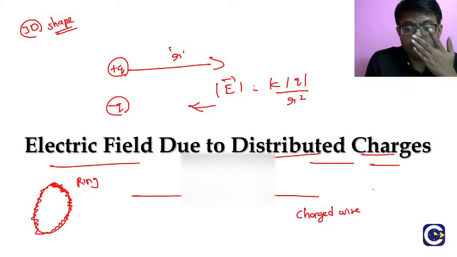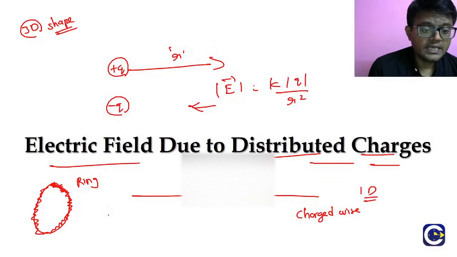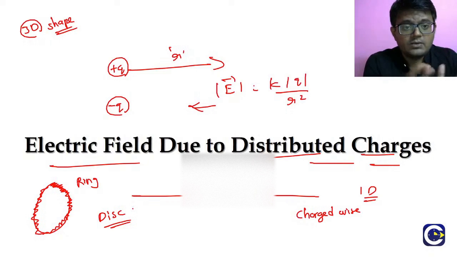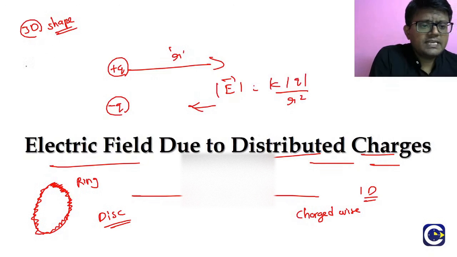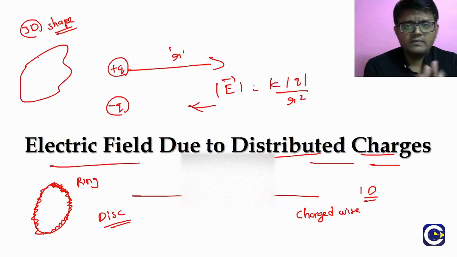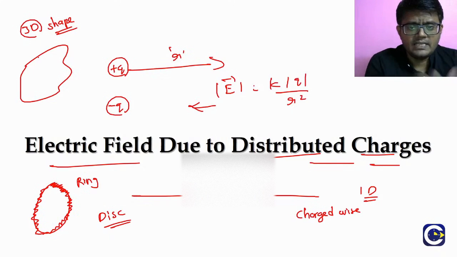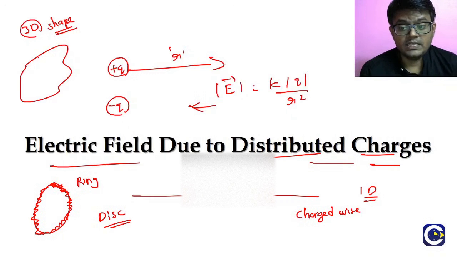We look at a charged wire as 1D, a ring or a disc as 2D, and 3D shapes mean any random shape, whether it is a sphere or a cylinder.